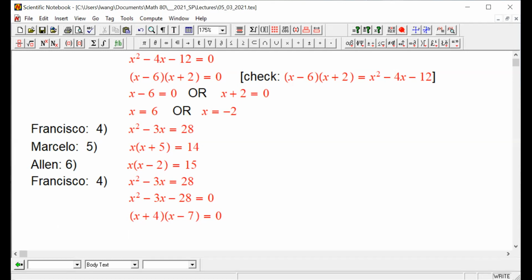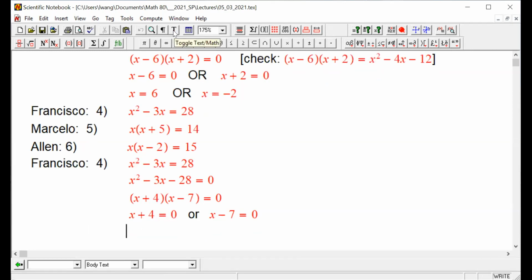So we end up with x plus 4 equals 0, or x minus 7 equals 0. So in the end, we get x equals negative 4, or x equals 7. Okay, very good job, very good job.